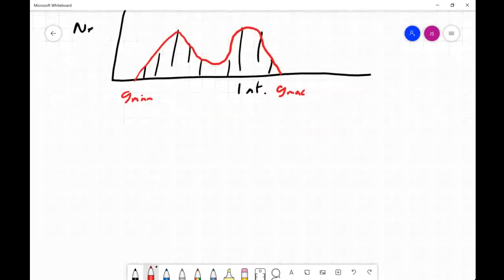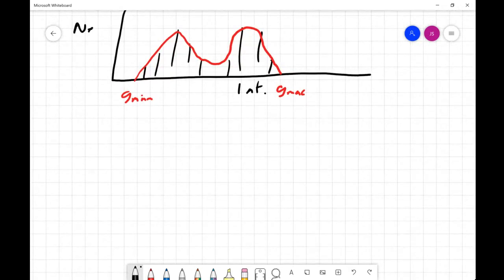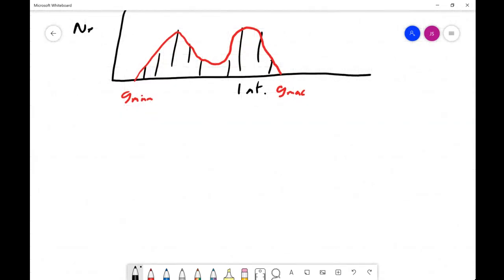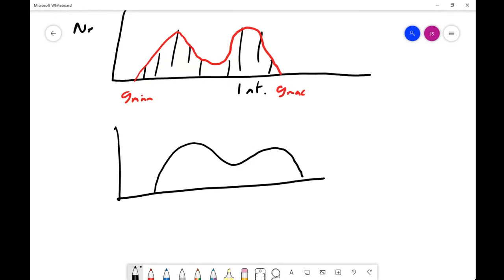In fact, I'll draw it as an analog function because it will then be clearer rather than putting in the individual entries. Supposing the curve is something like this. That is G min and G max.